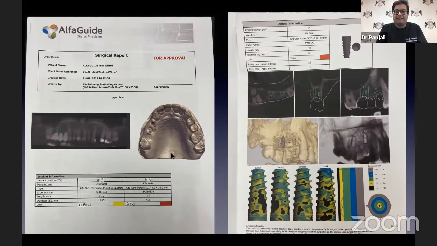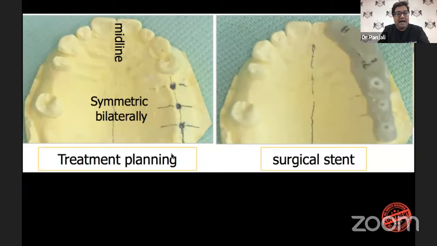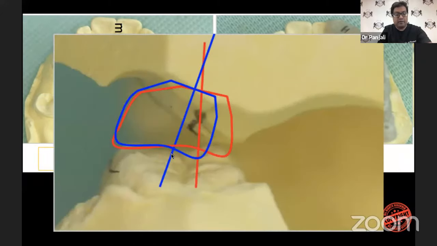So there's a lot of information. If you are interested in doing your first implants with Alpha Guide, that would be a great idea. If not, you can do something in office: you can take a model and plan the cases, and I'll show you some planning today in a while.